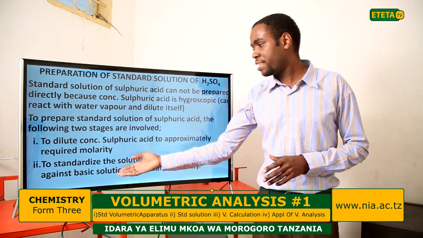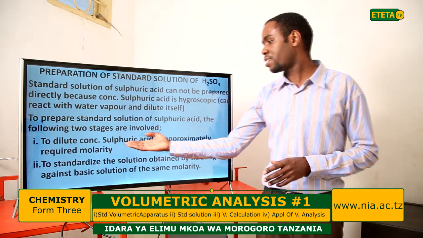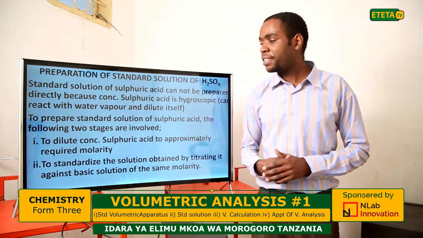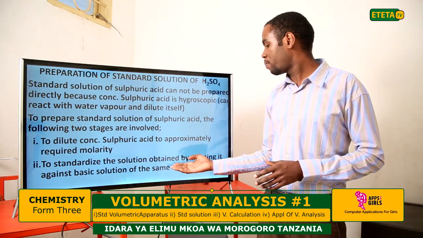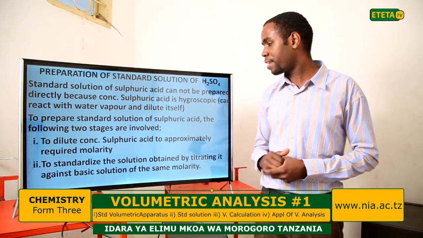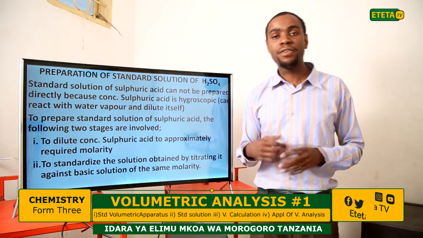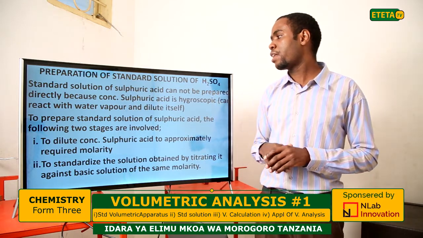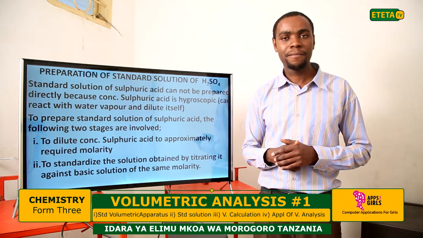So only these 2 stages, diluting the concentrated sulfuric acid to approximately the required molarity, and standardizing the solution obtained by titrating it against a basic solution of the same molarity, can be used to prepare the standard solution of sulfuric acid.